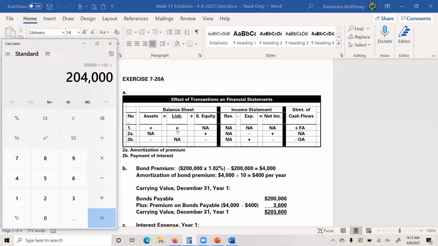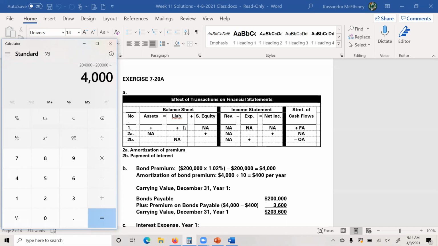In our liabilities, we would have bonds payable, always showing the face amount of $200,000. And pairing along with that bonds payable account would be premium on bonds payable. That amount would be the difference between the cash received, $204,000, minus face value of $200,000.